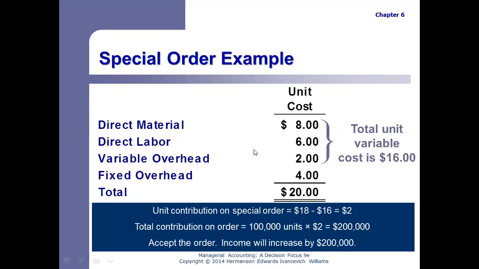Before we get into the next thing though, okay, so this is the accounting decision by the numbers. However, there may be some qualitative or non-numeric considerations. One of those, for example, is you're selling these bears to your regular customers for $30 each. What if your current customers, these are all retail stores, find out that you're giving somebody a special price of $18?